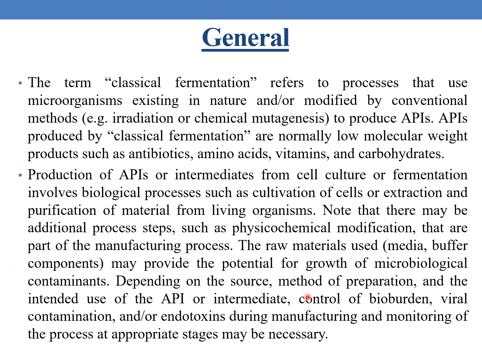Depending upon the source, method of preparation and intended use of the API or intermediate, control of bioburden, viral contamination and/or endotoxins during manufacturing, and monitoring the process at appropriate stages, may be necessary.